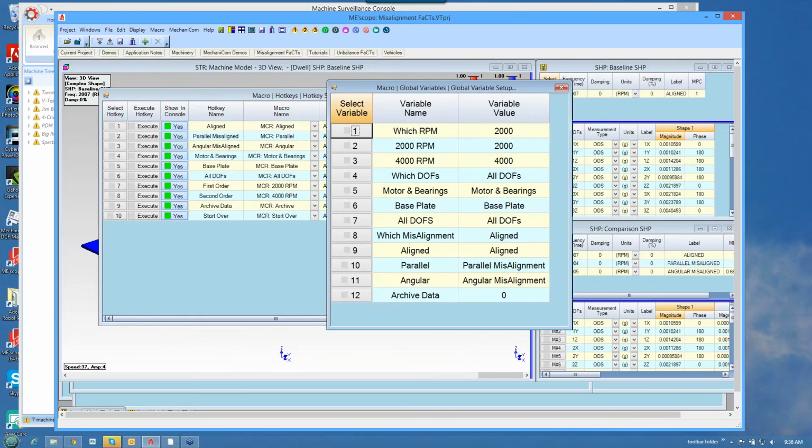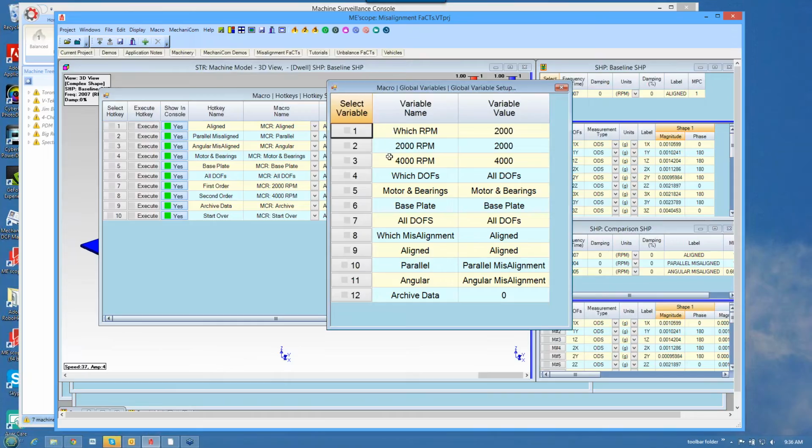So I can set a variable in one macro, and then in the next macro I can read the value, and then based on the value of the global variable, we'll see in a minute how the logic will do different things in the various macros. So here we have a variable called which RPM. In other words, which one is this? What RPM am I looking at right now?